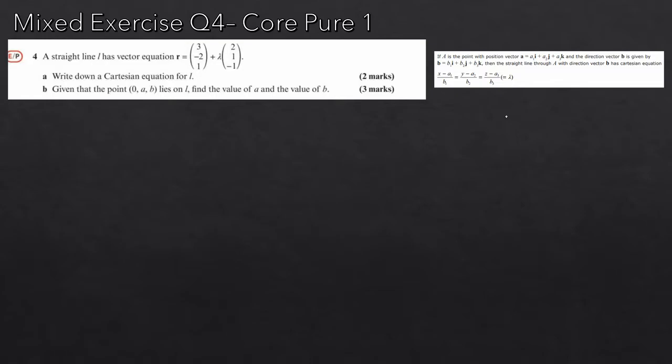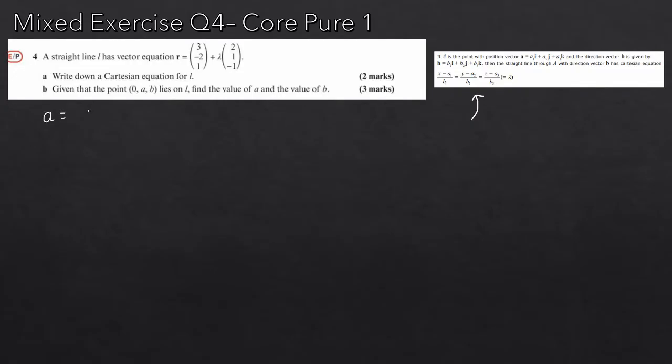Now I've put this here, and this is from your formula book. You don't have to memorise any of this, but it's from your formula book just to help. So what it's saying is that the position vector is the part of the numerator, and the direction vector b gives you the denominator. If it helps, I will put it in that form to make it clear.